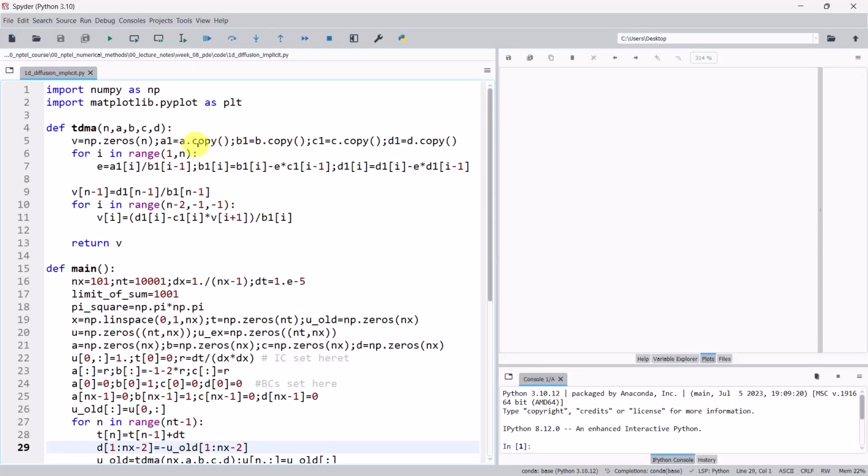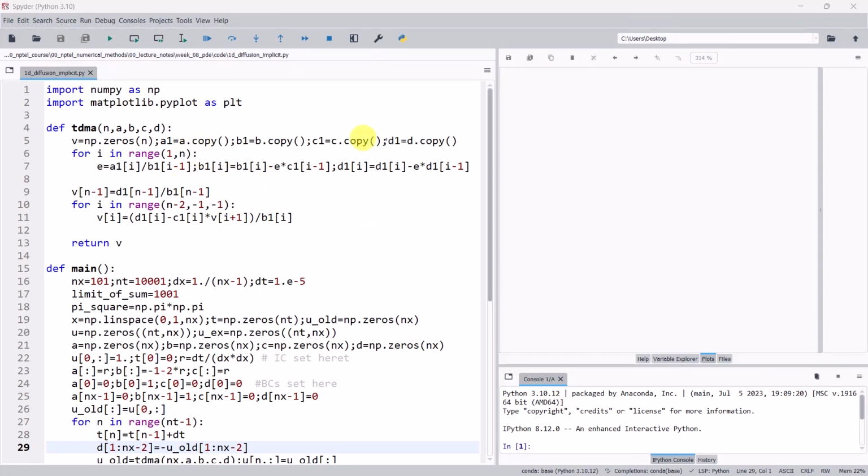What I am doing is copying them into other variables, because Python has this convention that it will change the array that I bring from main to a function. If I change this array inside the function, it will change it within the main. I don't want to do that, because I want to keep my ABC just as they are. D can change, but ABC cannot.